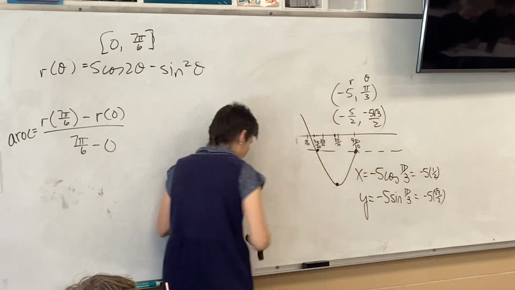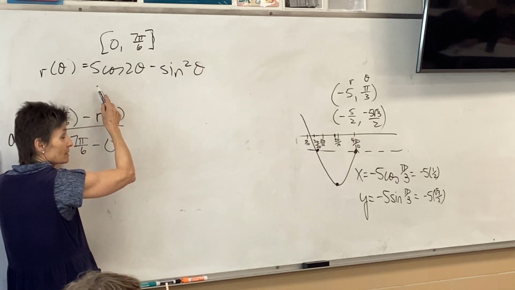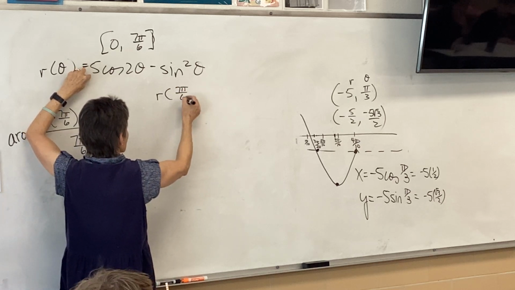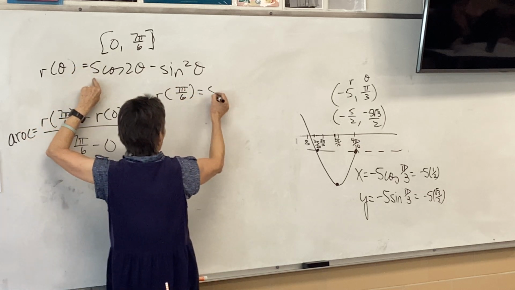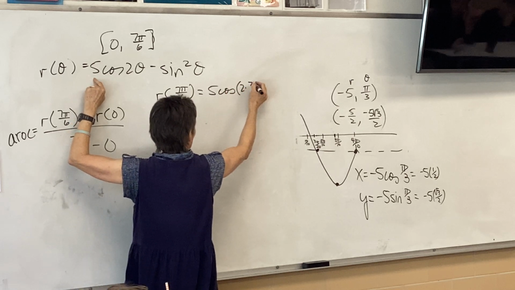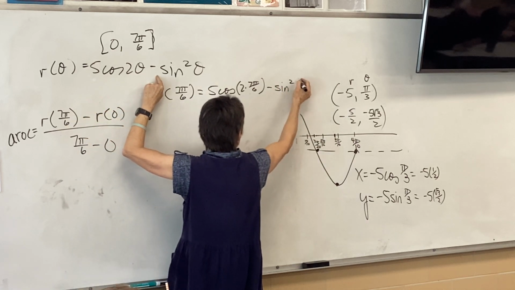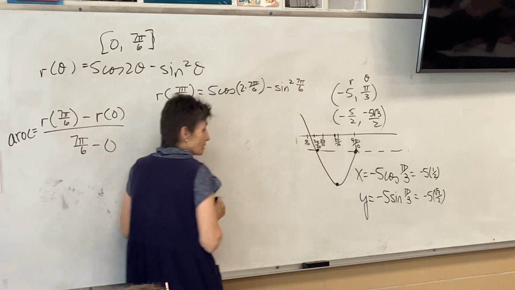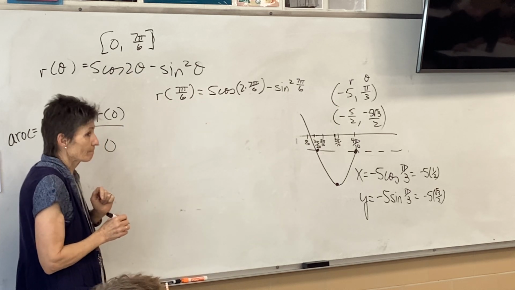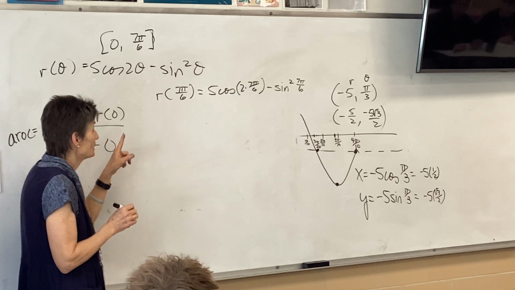what we get when we find r of 7 pi over 6. So r of 7 pi over 6 will be 5 cosine of 2 times 7 pi over 6 minus sine squared 7 pi over 6. Let's focus here.